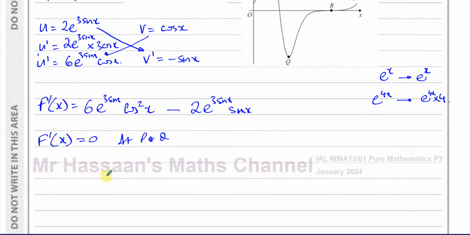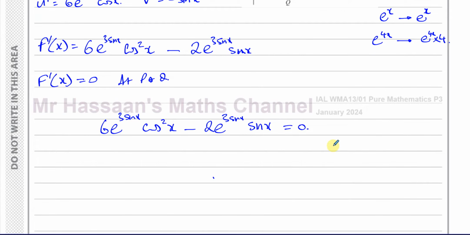So we have 6e to the power of 3 sine x times cosine squared x minus 2e to the power of 3 sine x times sine x equals 0. What's a common factor in these two terms? From the numbers, there's 2. From the e terms, there's e to the power of 3 sine x.